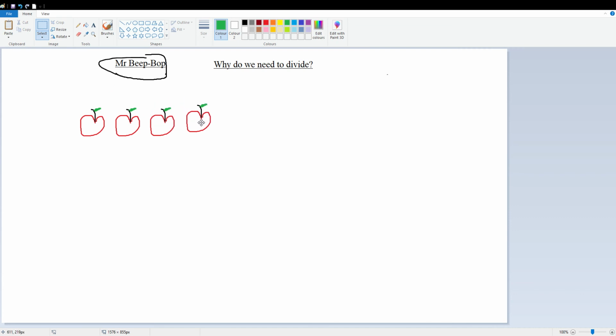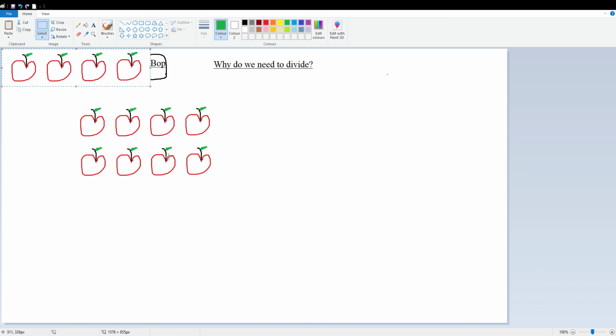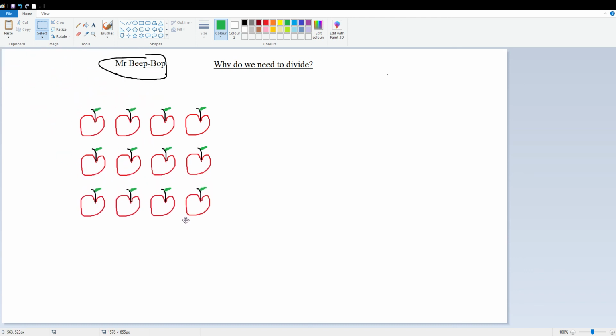And I'm going to get 12 apples. There we are, 12 apples in total. So we'll just make a quick note of that. We have 12 apples.